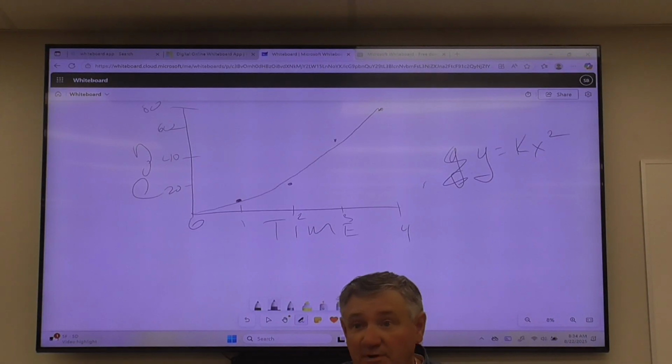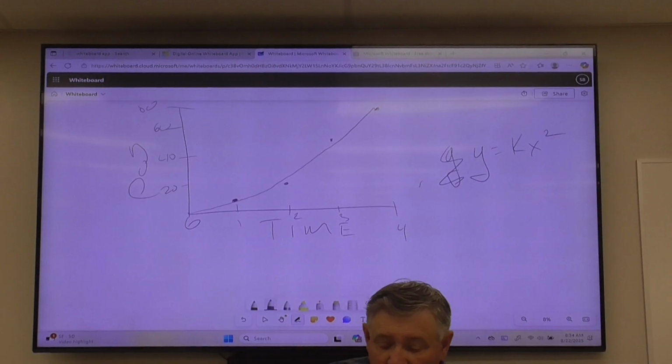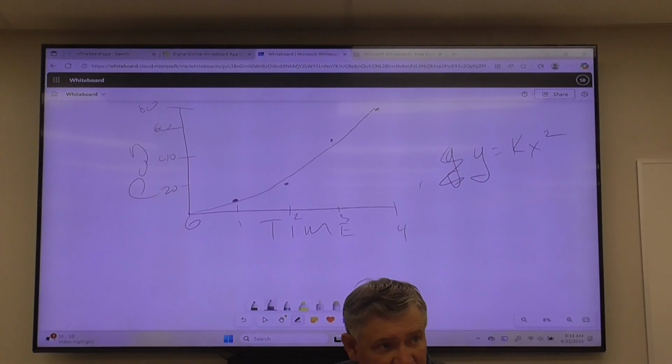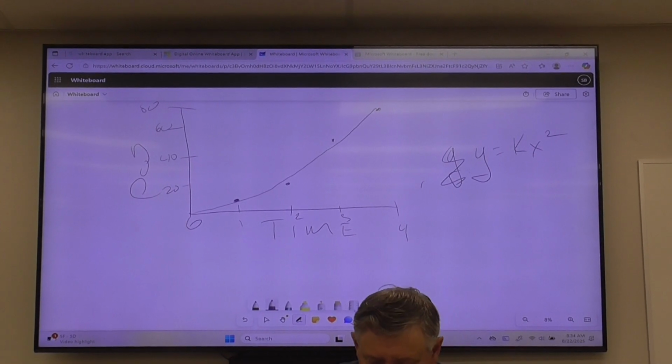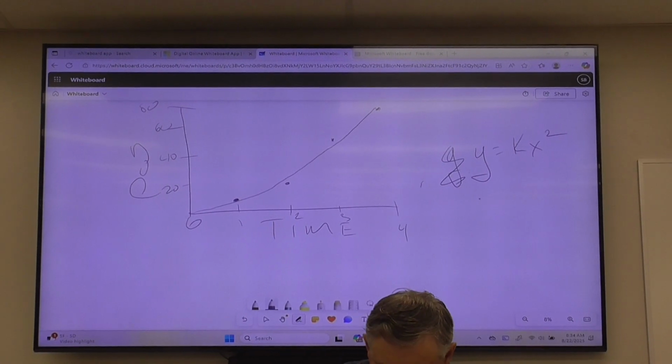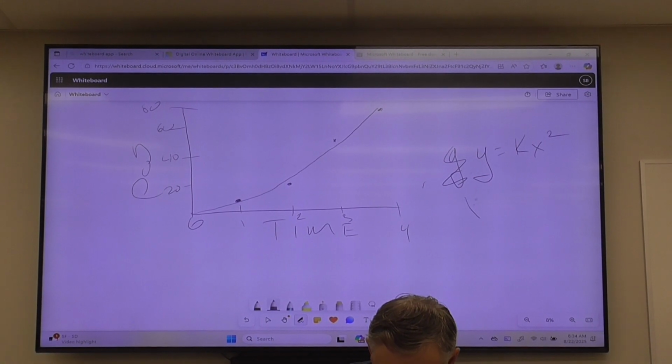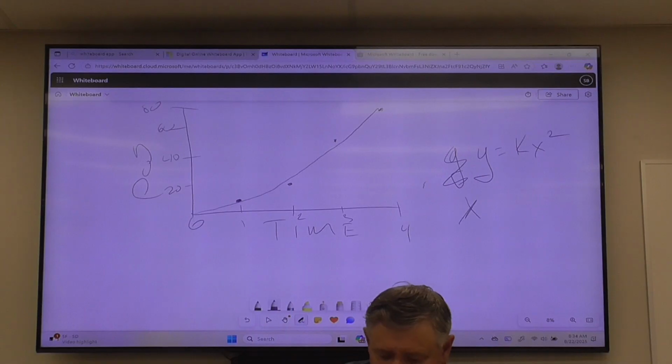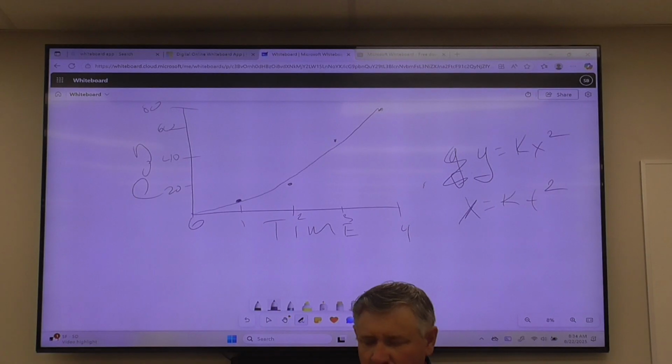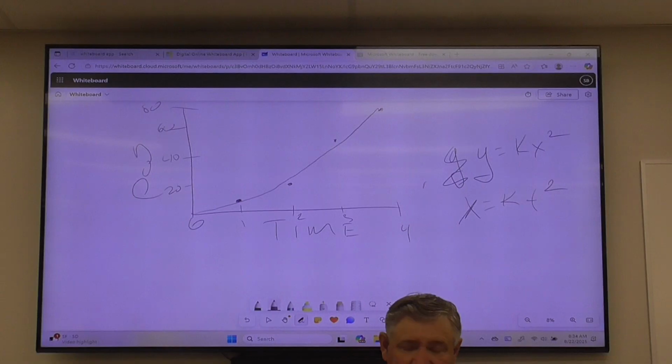You can just put that down. It's the general form. If you want to do this in terms of what you actually graphed, my y-axis is my position, we'll call that x because it's like a distance, and then you have k, and then you have time. So that's another option. You can put x equals kt squared.